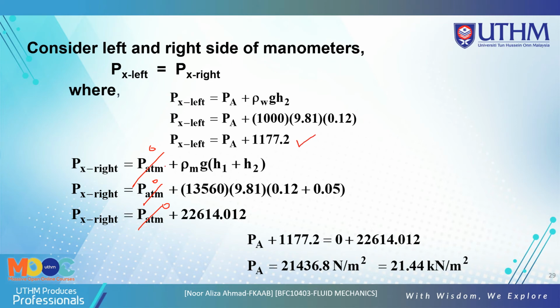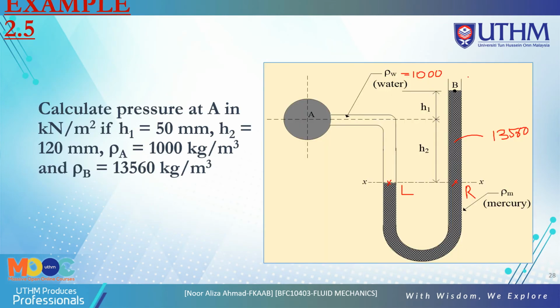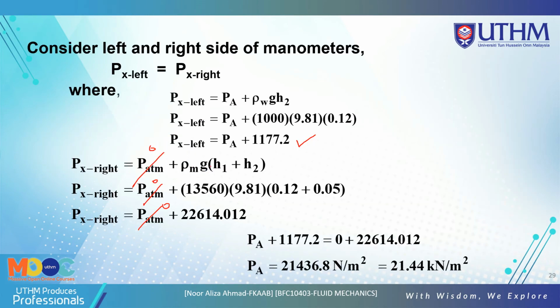There is no atmosphere here, so they just include the gauge, H1 plus H2. The left and right are the same, so we put PA plus 1177.2 equal to this, until you get PA.